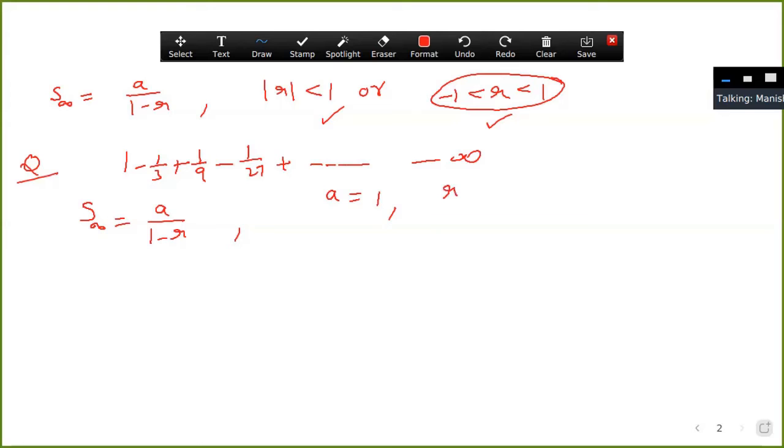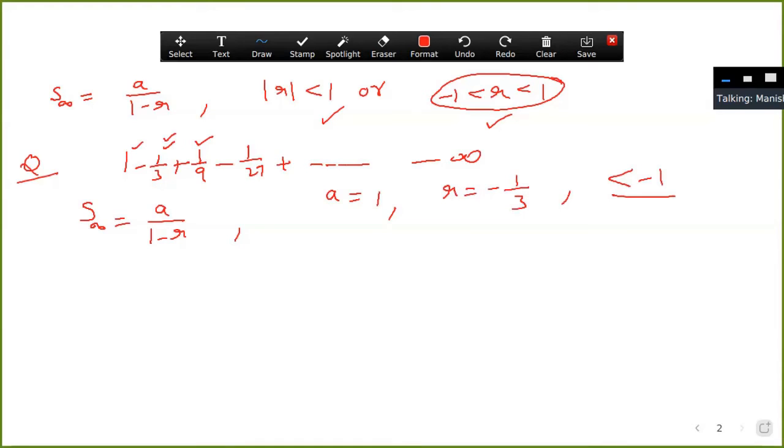And what is r here? The ratio of consecutive terms: a2 divided by a1, a3 divided by a2. You are getting minus 1 by 3, which is numerically less than 1.